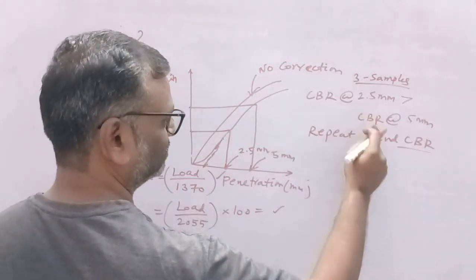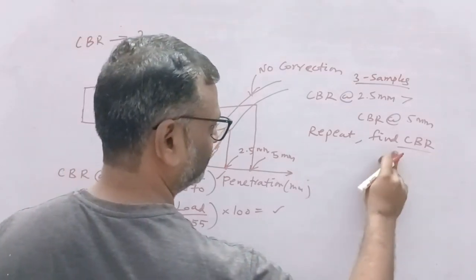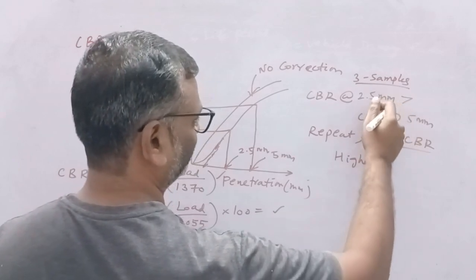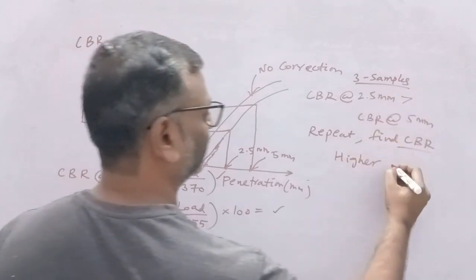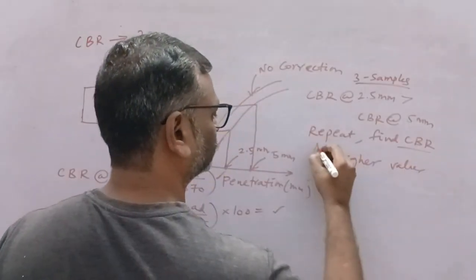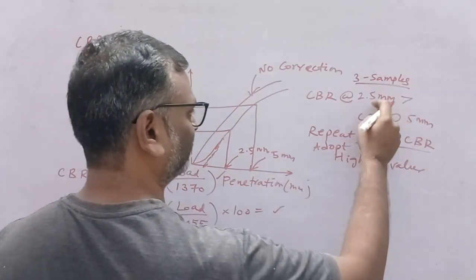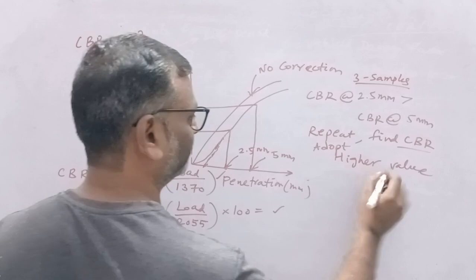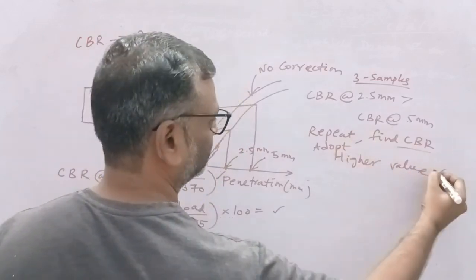Whatever higher value you get, whether at 2.5 mm or 5 mm, adopt the higher value. If 2.5 mm is higher, okay. If 5 mm is higher, then also okay. Adopt the higher value after repetition.